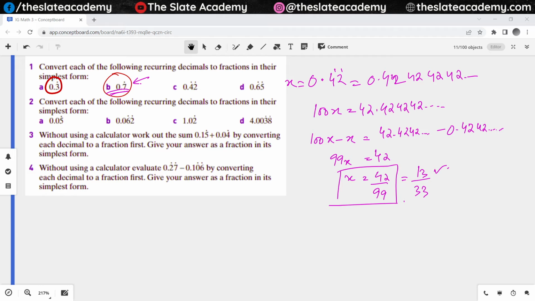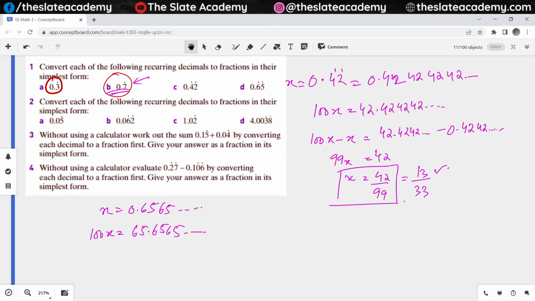So 1D, it says 0.6565. So x is equal to 0.65 recurring. And when two digits are recurring, we'd multiply with 100. So this would become 100x is equal to 65.6565 onwards.